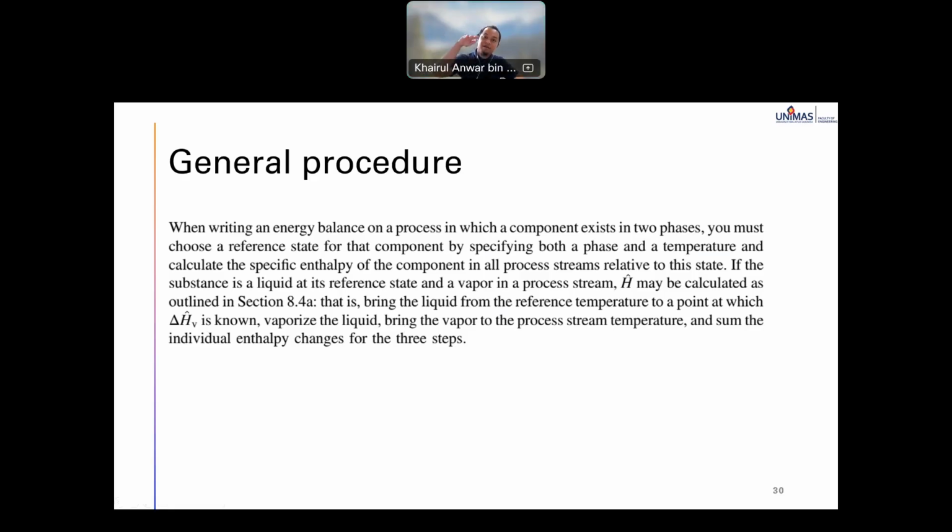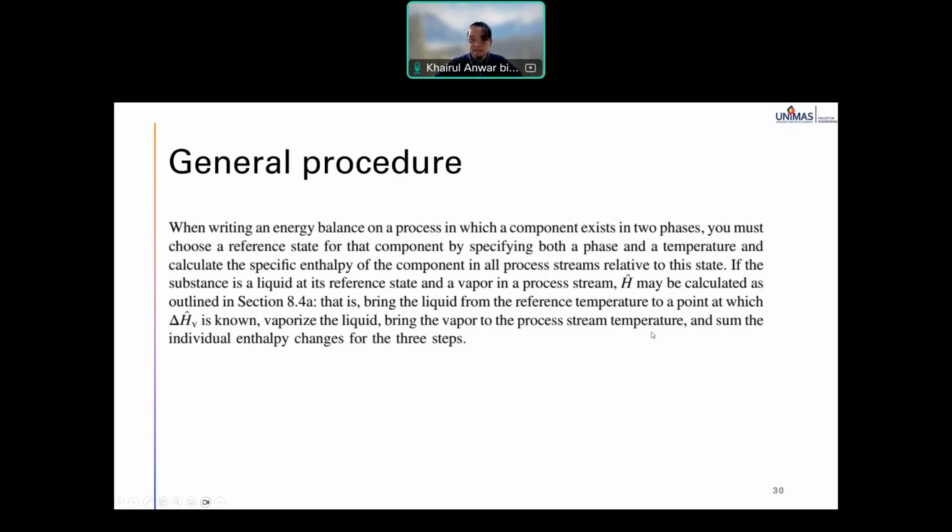So meaning reference initial, where is it? Bring the liquid from the reference temperature to a point at which, okay. So reference temperature to TB or boiling point, then delta H of the liquid, plus delta Hv, then plus from TB to the process stream temperature.